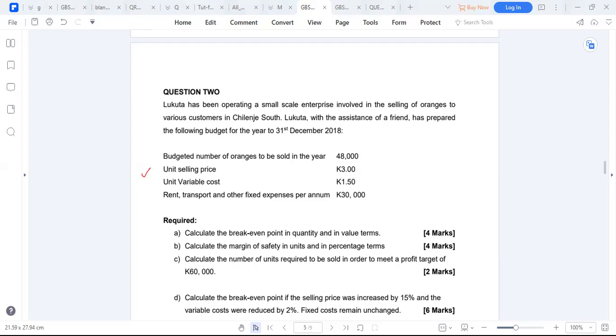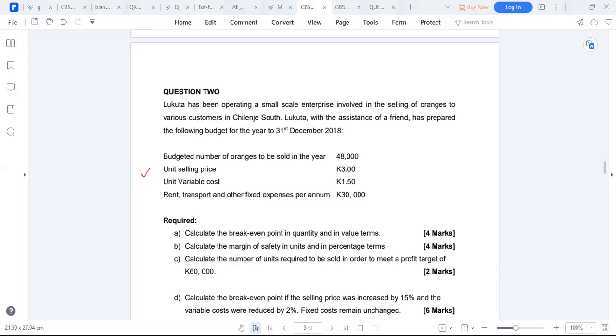In financial or management accounting, it's a tool used by businesses to determine the point at which our total revenue will be equal to our total cost, after which we make either a profit or a loss. Basically, it helps us understand the minimum levels of sales needed to cover all the costs.